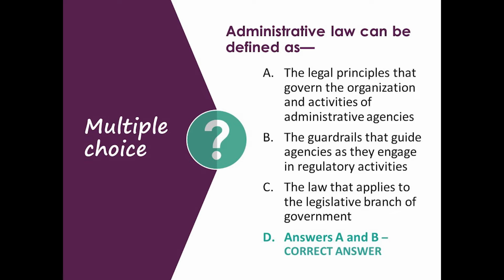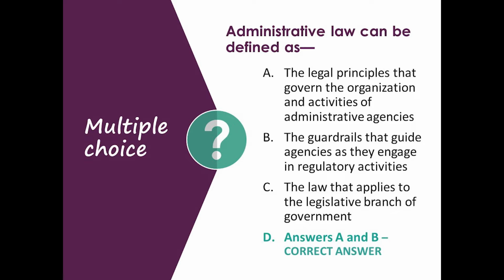If you chose D, you're right. As we learned in Part 1, administrative law can be defined as the legal principles that govern the organization and activities of administrative agencies. An agency is an organization within the executive branch of government with authority to implement certain legislation.